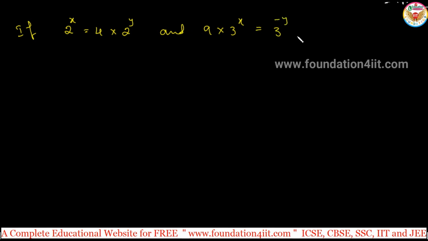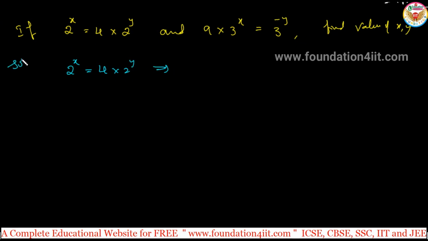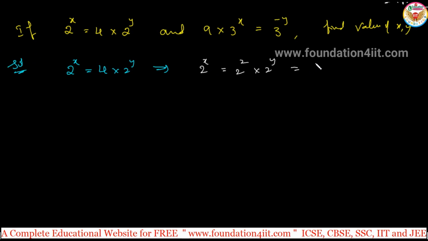Find the value of x comma y, you have to solve now. So first one, 2 to the power x is equal to 4 into 2 to the power y. From this, 4 we can write as 2 square into 2 to the power y, that equals 2 to the power 2 plus y.